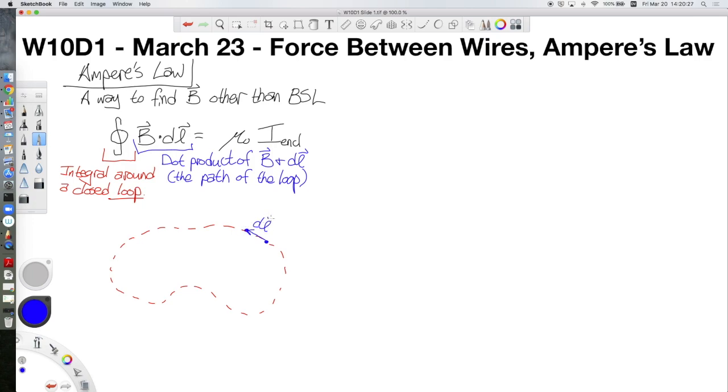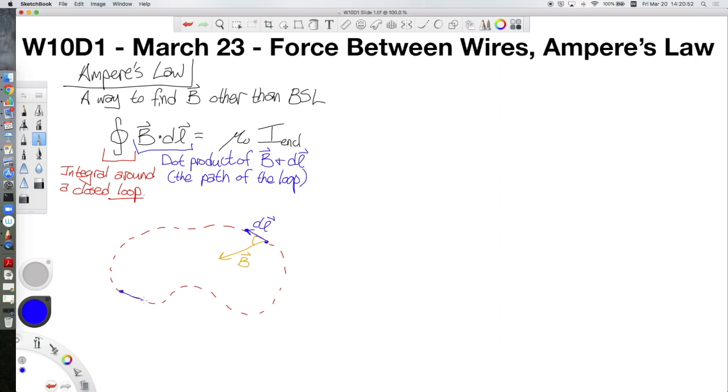This dl, small chunk of the total length of this loop. Then at this point, we would want to find the magnetic field at that location and take the angle between the two of those and use that to evaluate the dot product, this angle right here. And then maybe some other point on the loop, perhaps right here.